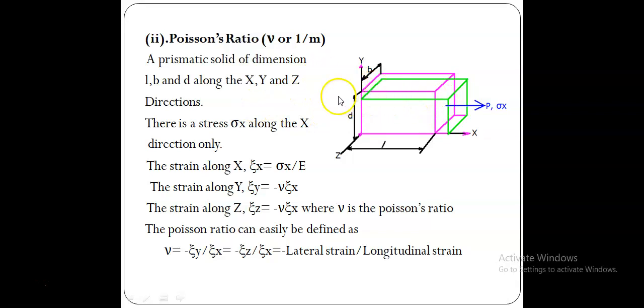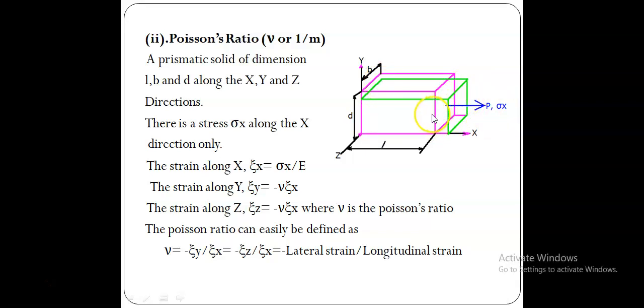This Poisson ratio of material, the symbol used is nu or 1 by m. Let us take a prismatic solid of dimensions L, B, D, along x direction, y direction and z direction. There is a stress sigma x along the x direction only. So here uniaxial stress is applied in this bar.